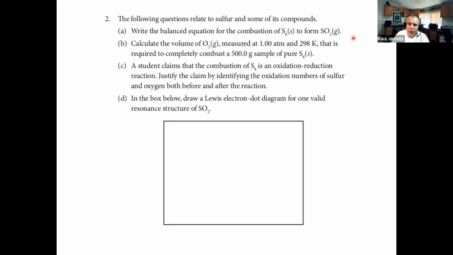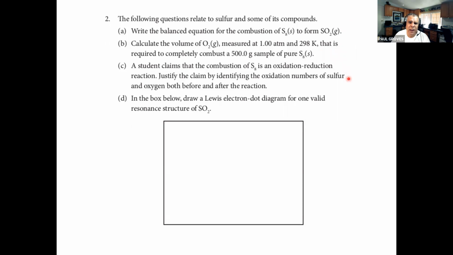And if the student had an incorrect balanced equation, then they would have a wrong answer here. But the people who are reading this would go back and use the coefficients from their wrong balanced equation and recalculate what the answer ought to be. So if you make a mistake on part A, you're not going to pay for it on part B. You'd have to make a separate mistake.